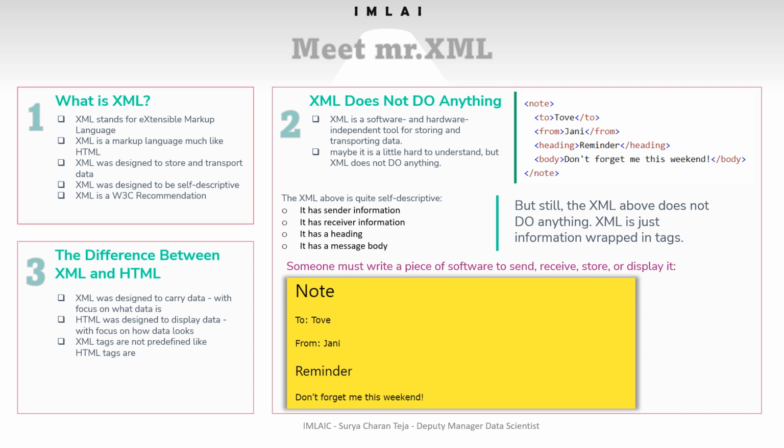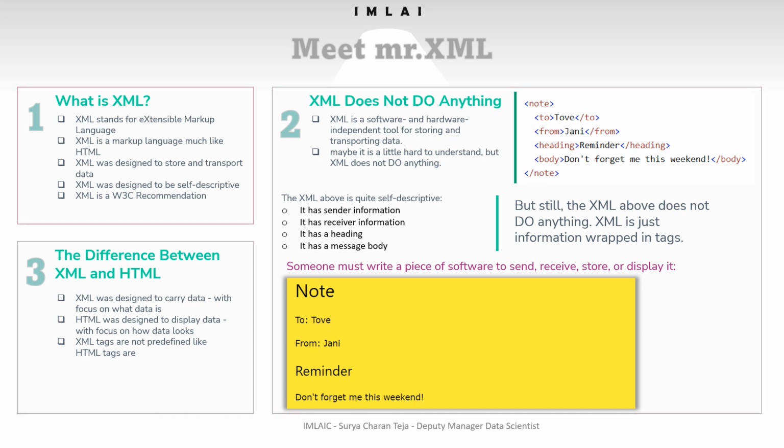Many computer systems contain data in incompatible formats. Exchanging data between incompatible systems or upgraded systems is a time consuming task for web developers. Large amounts of data must be converted and incompatible data is often lost. XML stores data in plain text format. This provides a software and hardware independent way of storing, transporting and sharing data.